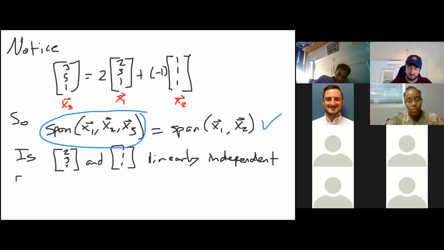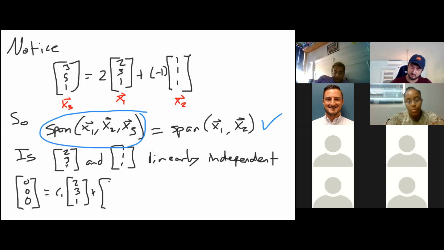So if I threw this into my equation that I always need to set up for linear independence or dependence, C1, C2, I'll get a system of equations. And what that system of equations will say is that 2C1 plus C2 has got to be equal to 0.